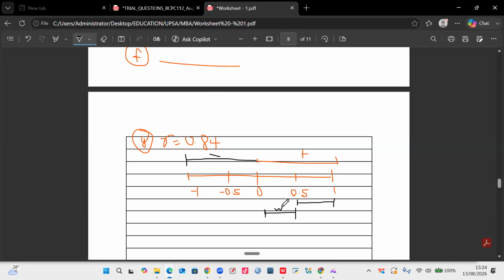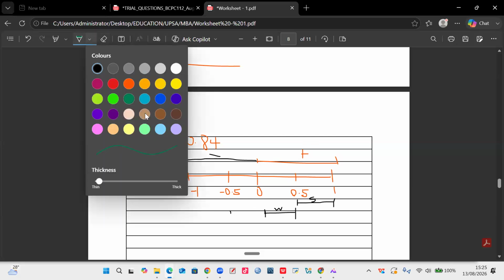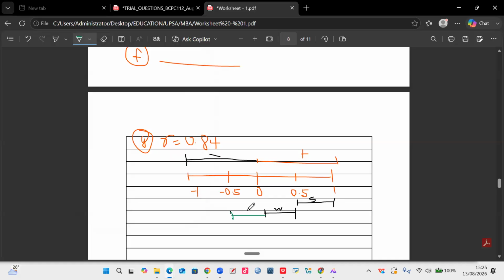Here on the other side it is weak, and between these it is strong. So between 0.5 and 1, it is strong. Between 0.5 and 0, it is weak. Sometimes there's another dimension, but because it's a lower level, let me put it this way.